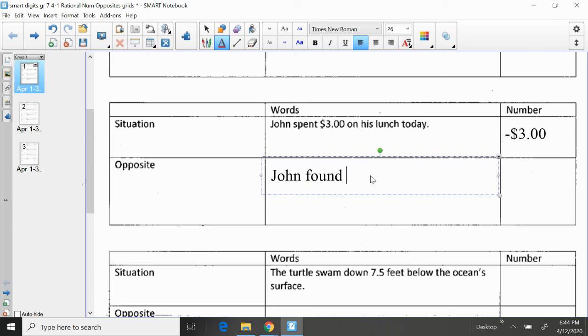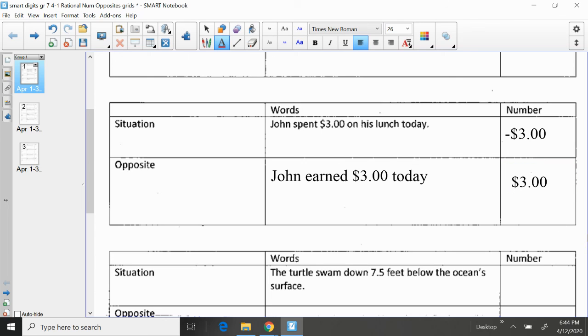Let's say he had a job. John earned $3 today. So the opposite of that would be a positive. Now, when it's positive, we don't need to put a plus sign in front of it. If there's no sign in front of it, then we know it's automatically a positive.